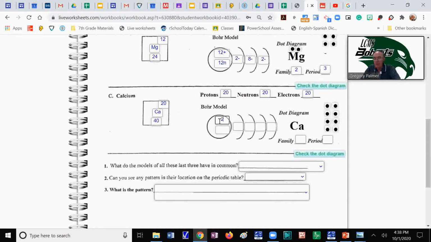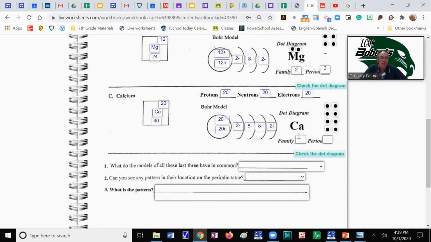So in line with this, we have 20 protons, we have 20 neutrons, we have 2 electrons on the first energy level, and we have 8 on the second energy level, we have 8 more on the third energy level, and 2 plus 8 is 10, plus 8 is 18, plus 2 more is 20. So the model is complete.